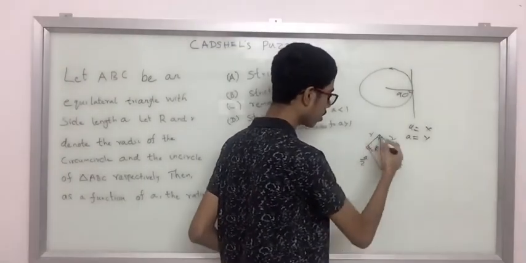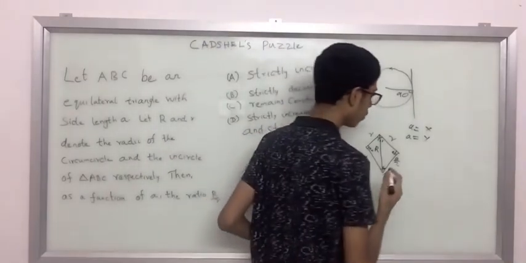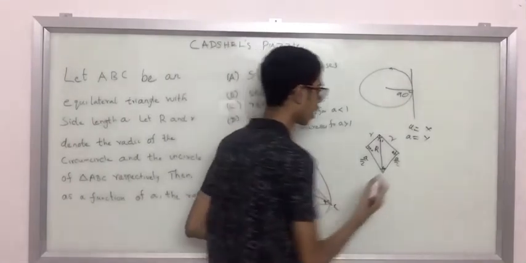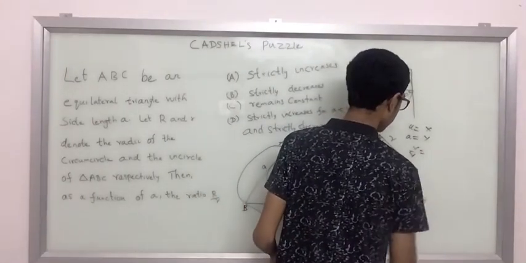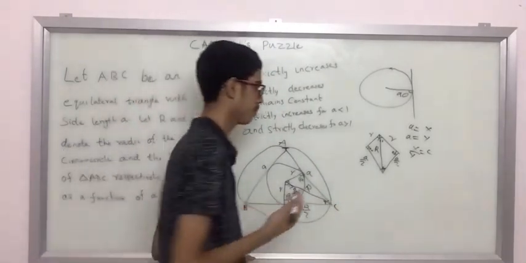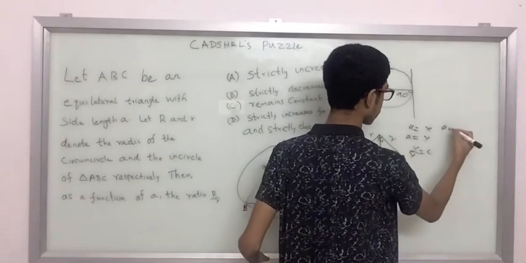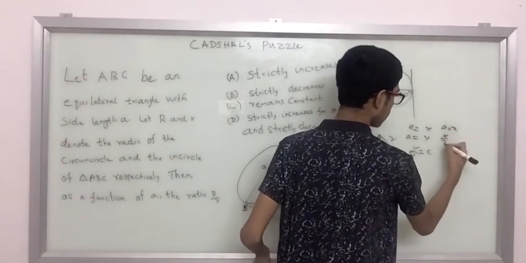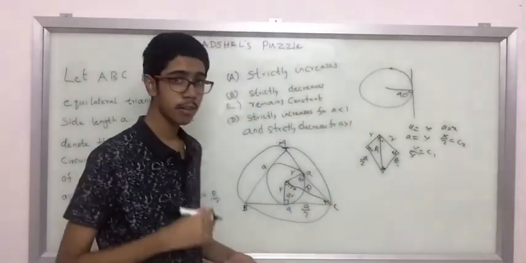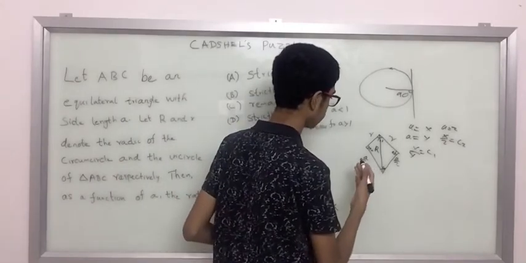Then the small r and capital R values will change, but they will change by a constant factor, because x by y is a constant. It will not always be the same constant. If you take another length a equal to z, then x by z will be another constant. We will call that c1, like that.